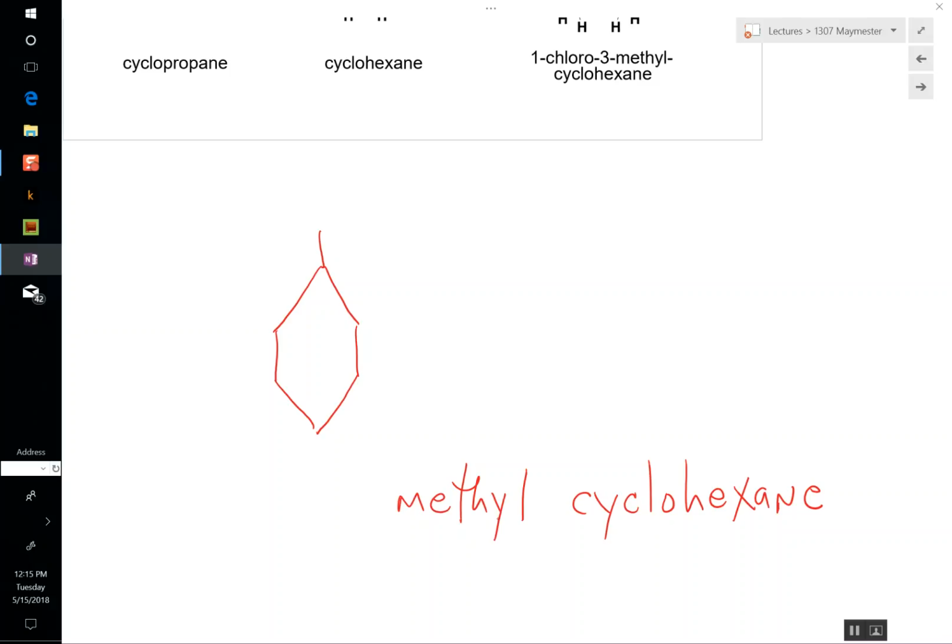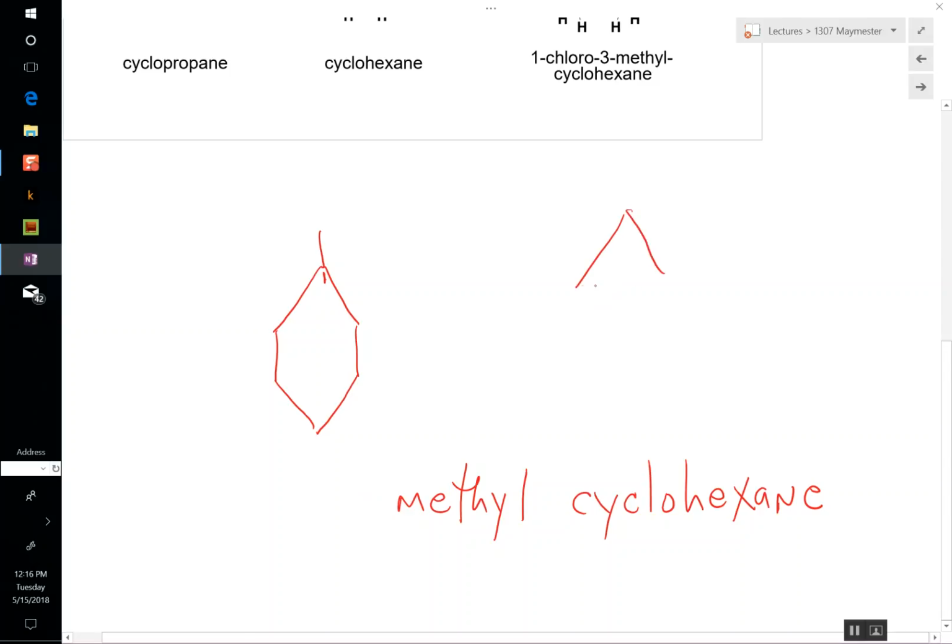We've got a substituent on a carbon. That definitely is carbon number 1, right? It is distinguished from all the other carbons because it's got a methyl group on it. If you were going to call anything carbon number 1, that would be it. So technically it's 1-methyl cyclohexane, but the 1 is unnecessary.